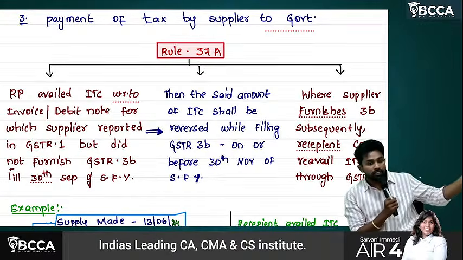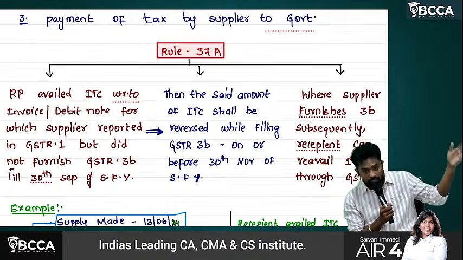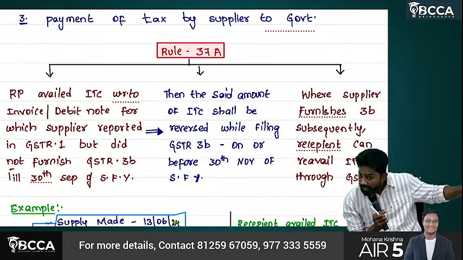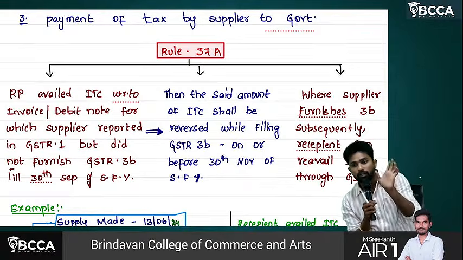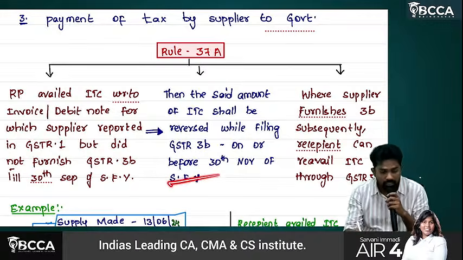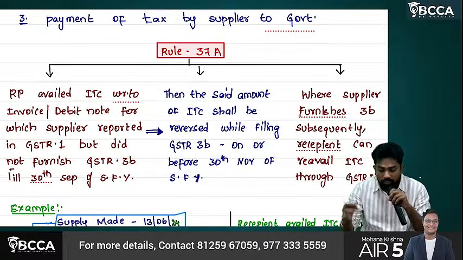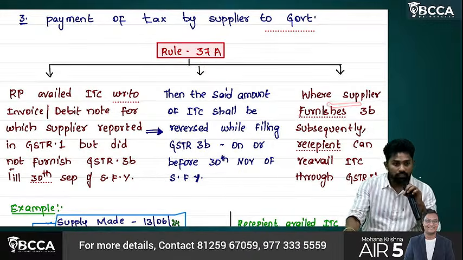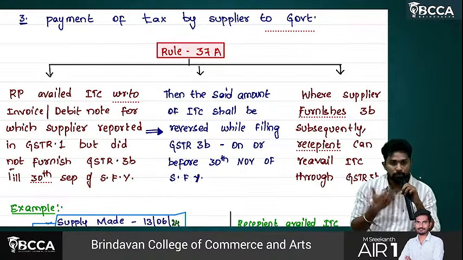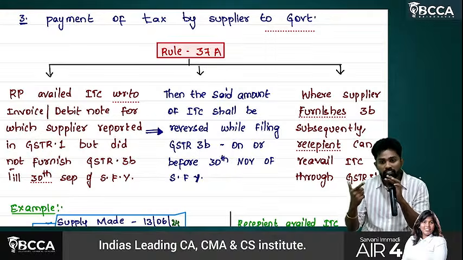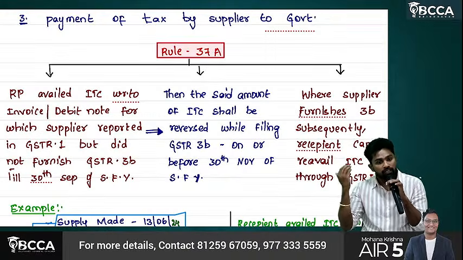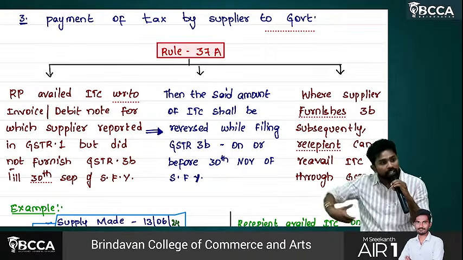Sir, by 30th September of the succeeding financial year, if the supplier didn't pay taxes, then the recipient has to reverse by when? 30th November of succeeding financial year. Are you able to understand, sir? By November, me being recipient, I reverse. Reverse, na. Sir, actually there is no concept of reversal and all. I need to pay it again. Okay, I need to pay it as a tax liability.